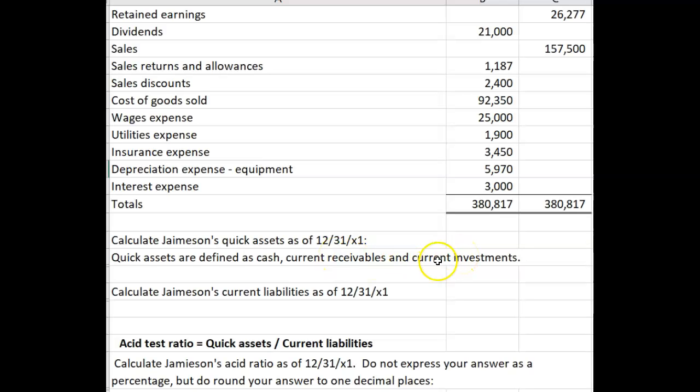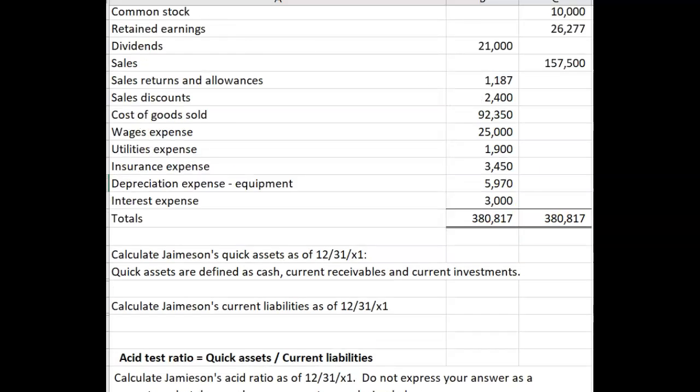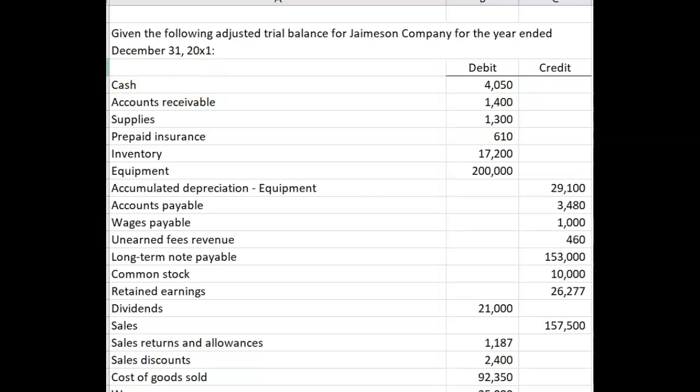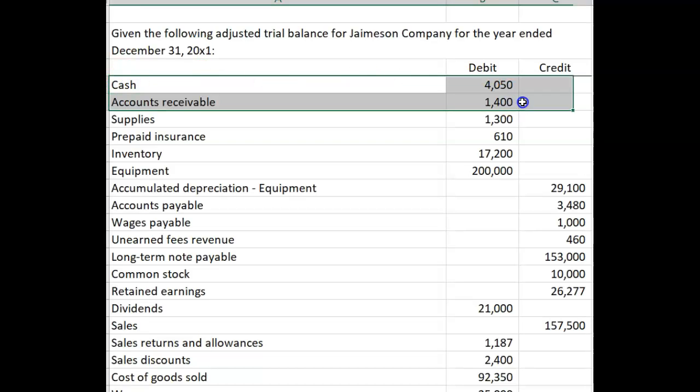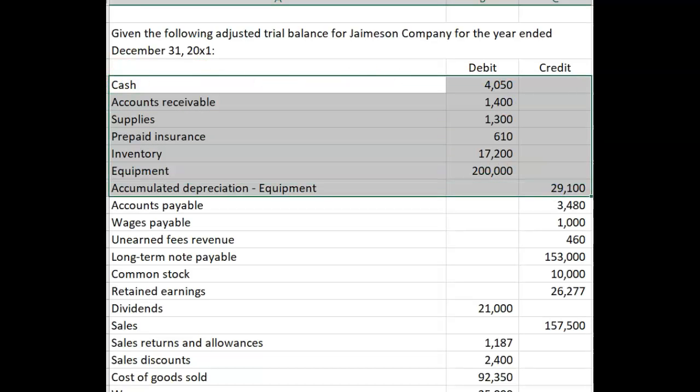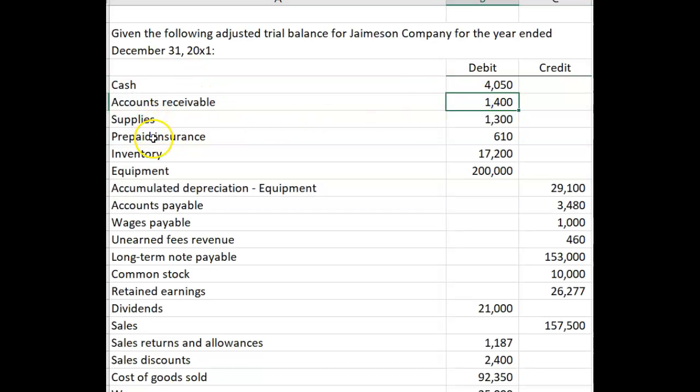Well, let's go take a look at Jamison's assets. All of these are Jamison's assets, but not all of them are quick assets. Certainly cash and accounts receivable are quick assets, and it looks like Jamison does not have any current investments.